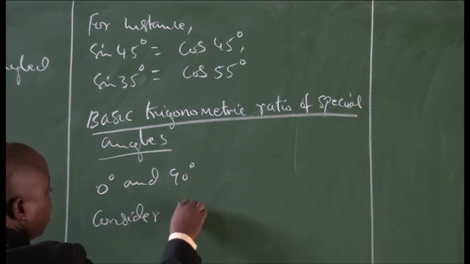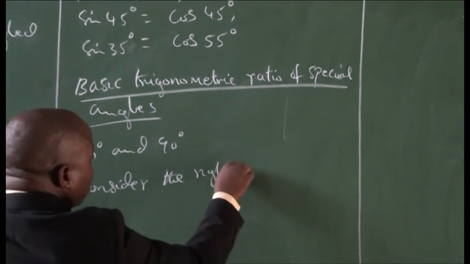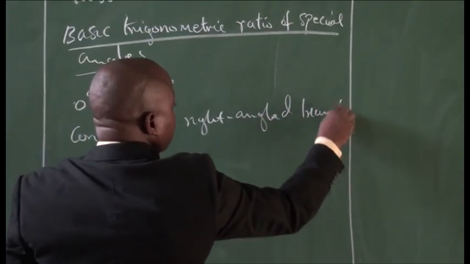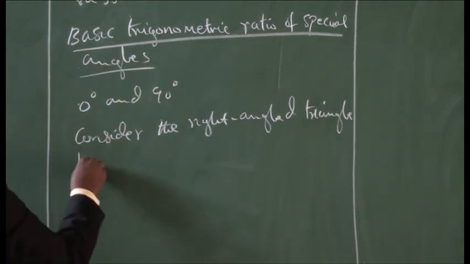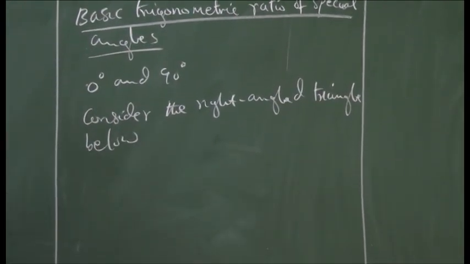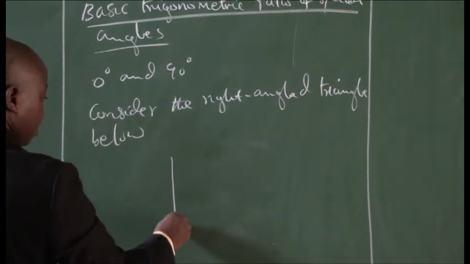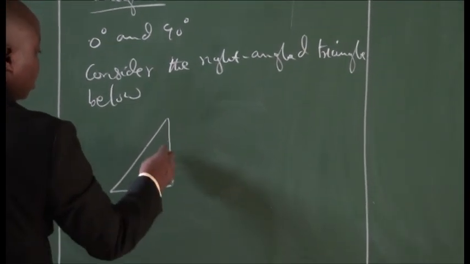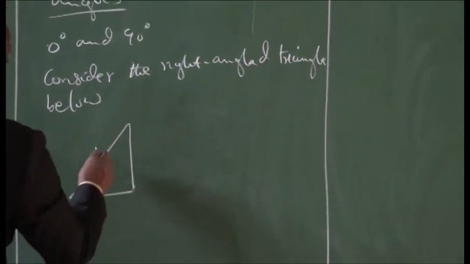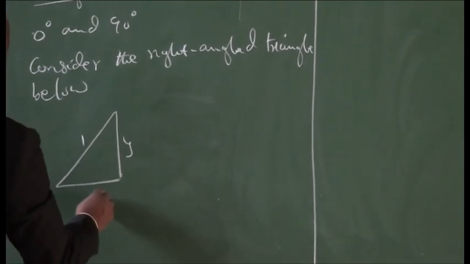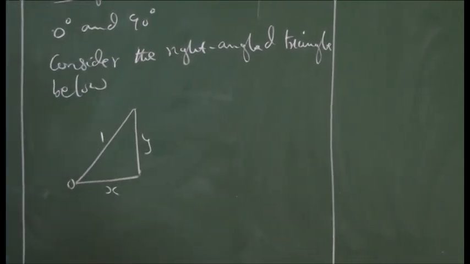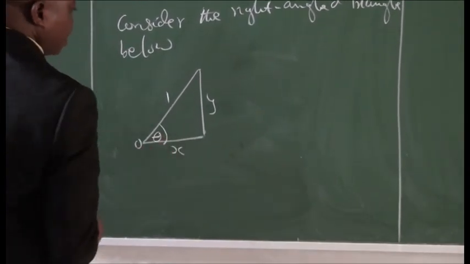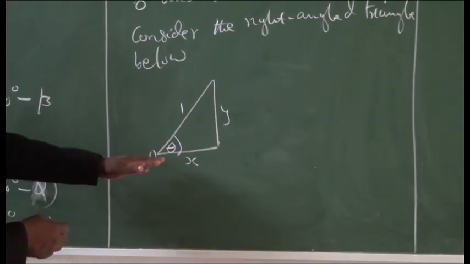So you consider the right angle triangle below. We have here 1, y, and this is x. Now, here we have angle theta. Look at this right angle triangle. Theta is here.